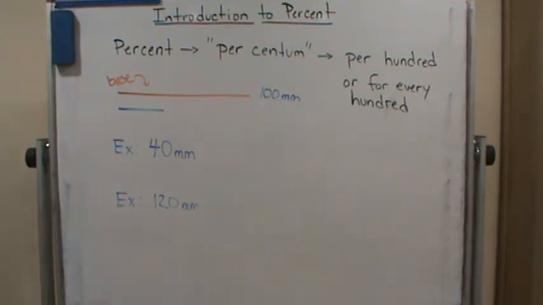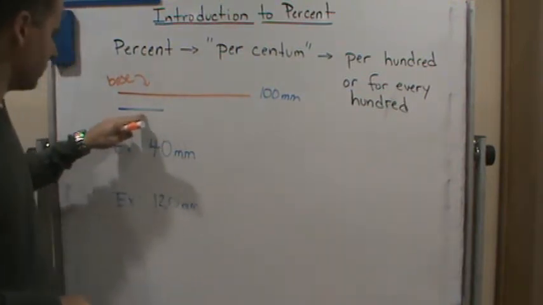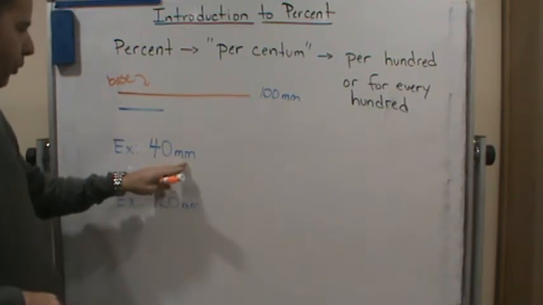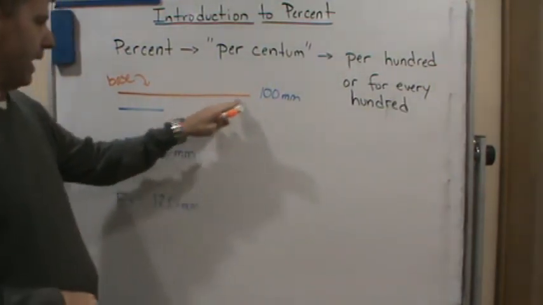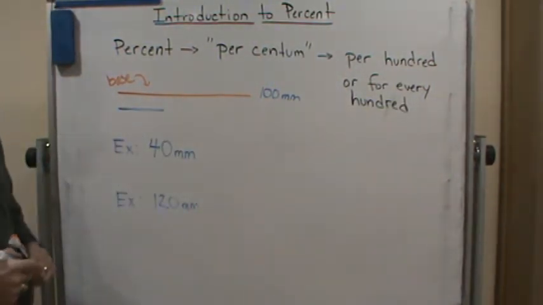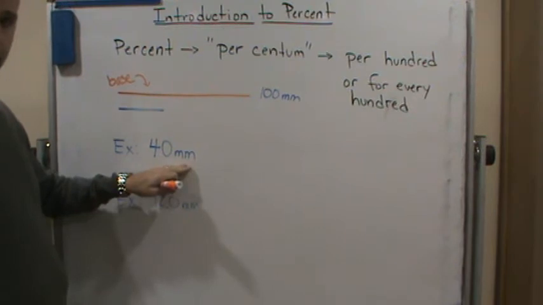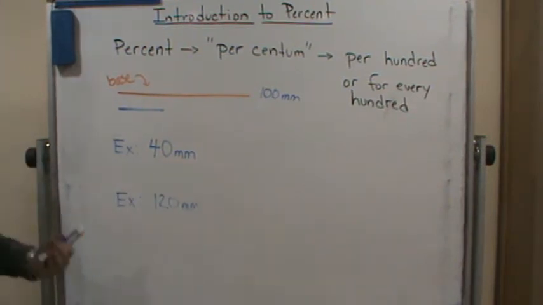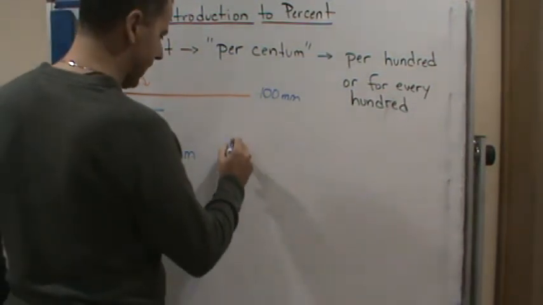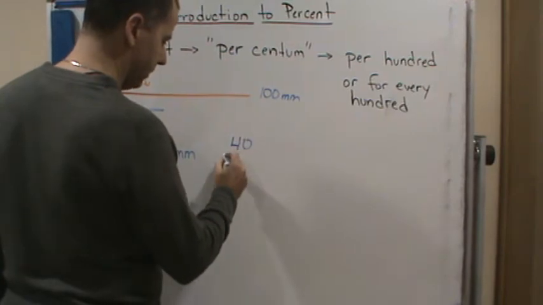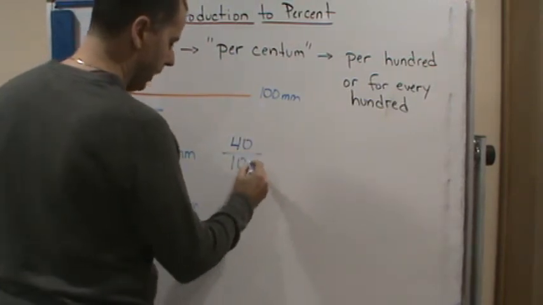So, for example, let's say this measurement here measures 40 millimeters on a 100 millimeter stick or ruler. So what does that mean? Well, it's going to be 40 millimeters out of 100. So we would write this as 40 out of 100.